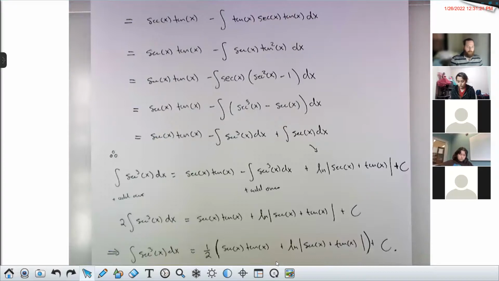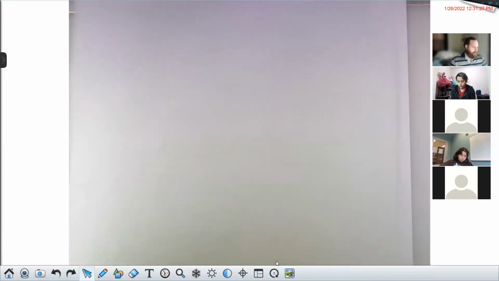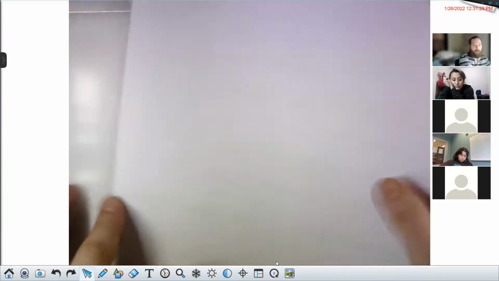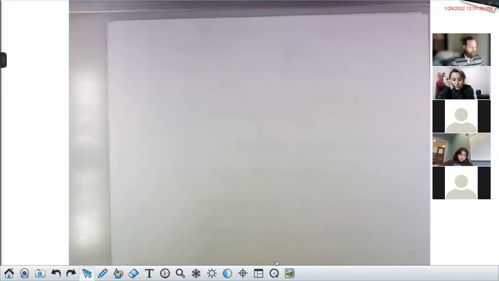Seeing it ahead of time will help. So that's the end of 7.2. You guys can now integrate any trig function in the world. Seriously.